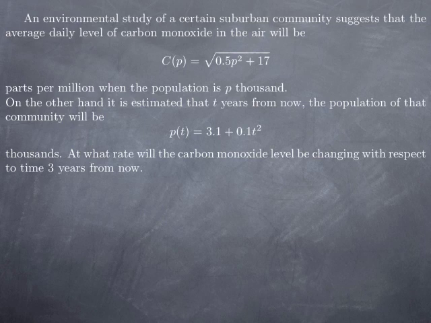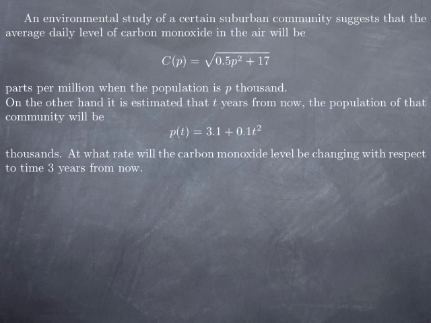And this function is the square root of 0.5 p squared plus 17. On the other hand, there is also an estimate for the growth of the population. Specifically, it is estimated that t years from now, the population of that community will be given by p as a function of t is 3.1 plus 0.1 t squared. Remember that p is in thousands of people.